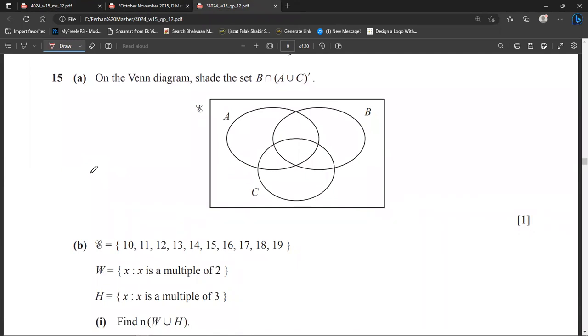Question number 15, A part. On the Venn diagram, shade the set B intersection A union C whole complement. A union C whole complement means you have to remain outside the A and C, and then outside the A and C, the portion which is common with the B. So I think this is the thing.